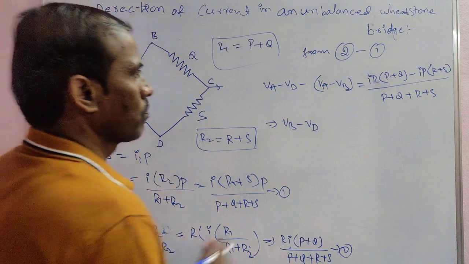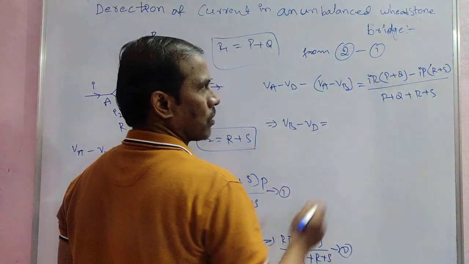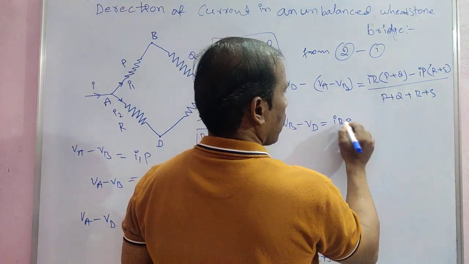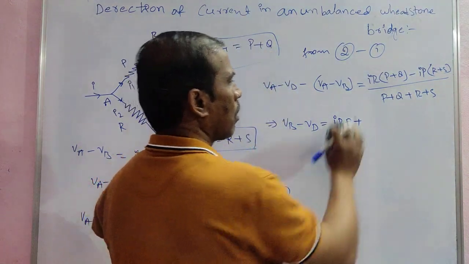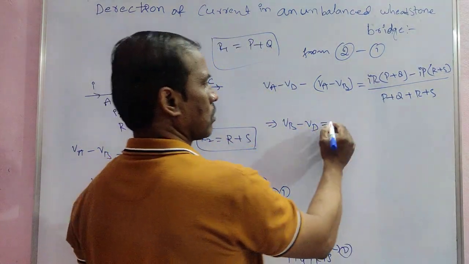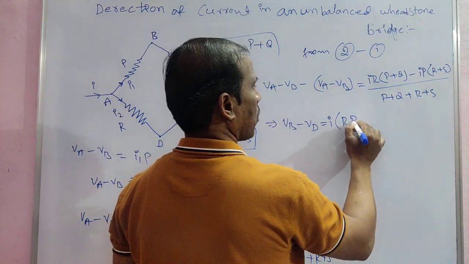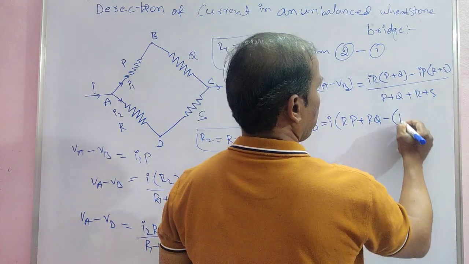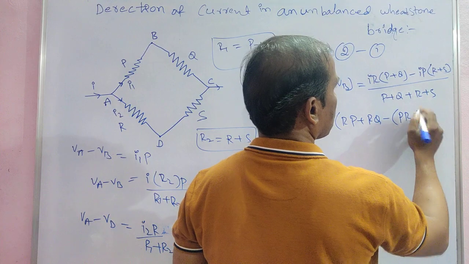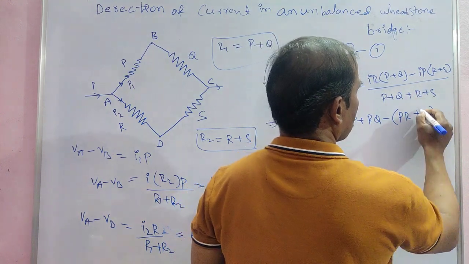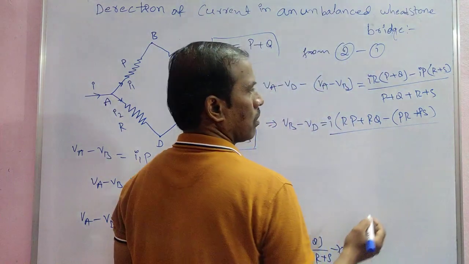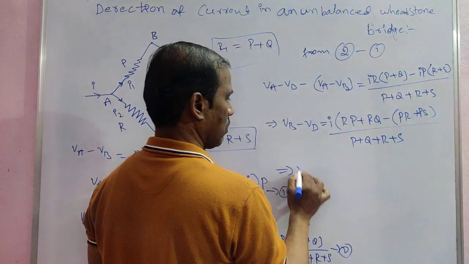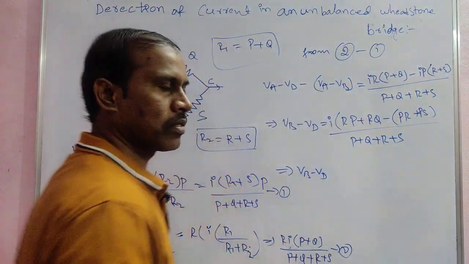VB minus VD is equal to, now inside the multiplication, IR into P plus Q. I is a common term, so taking I common: RP plus RQ, minus PR plus PS, by the total resistance P plus Q plus R plus S. It simplifies.